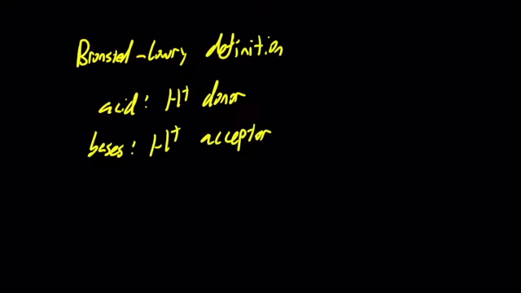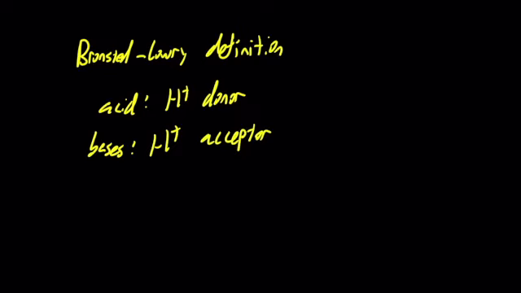By the way, we write H+ as protons because if you look at the periodic table, the proton is the same ratio as an electron. So chemists will use protons and hydrogen ions interchangeably. But I digress and return to our definition.